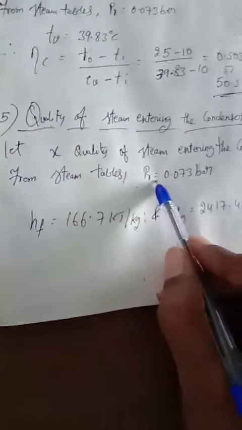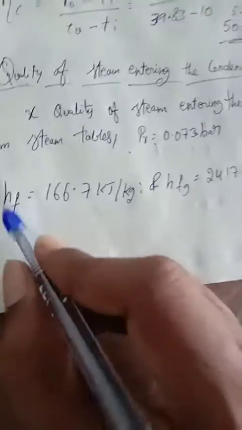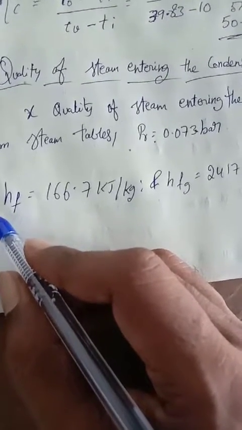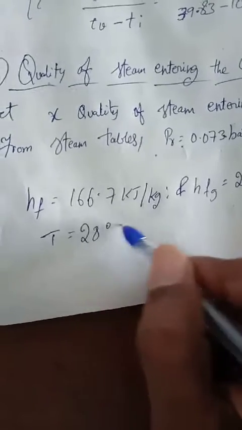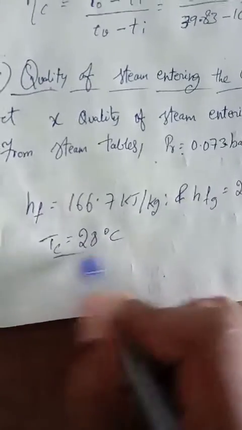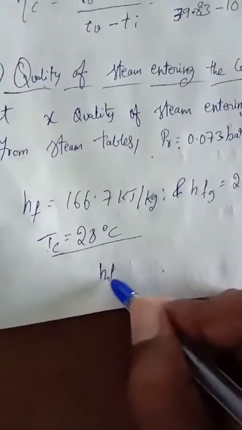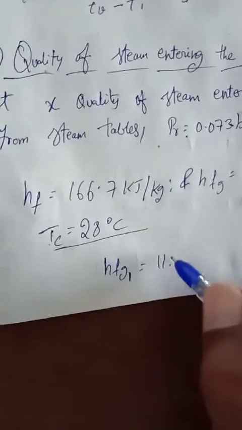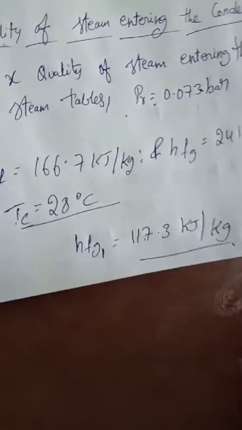You can take these two values from steam tables corresponding to this pressure. Corresponding to a condensate temperature of T equal to 28 degrees Celsius, that is the condensing temperature, we take HFG1 is equal to 117.3 kilojoules per kg.